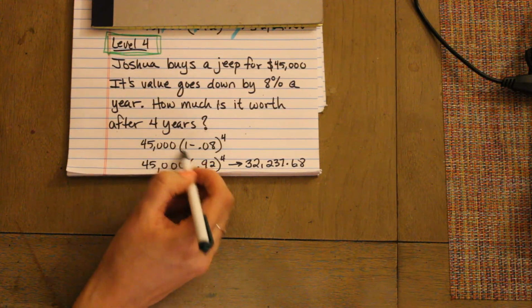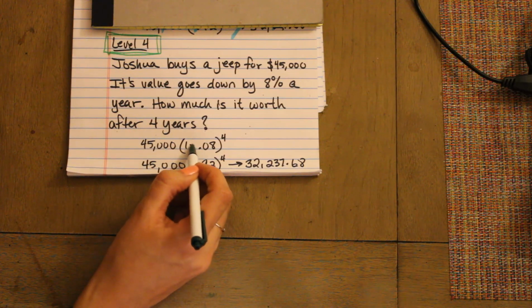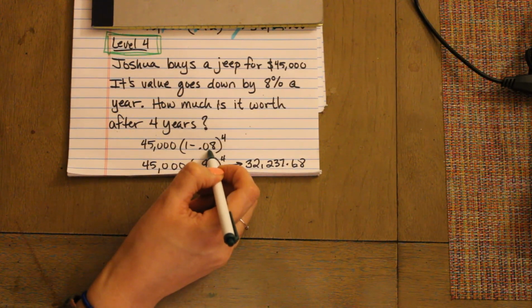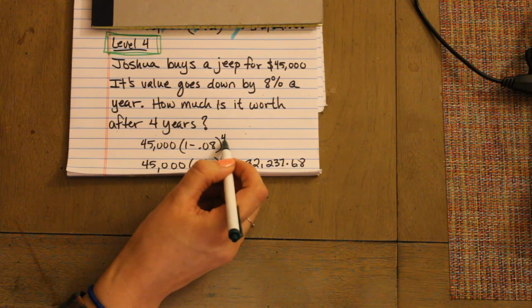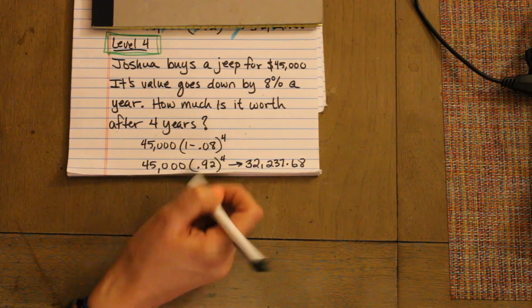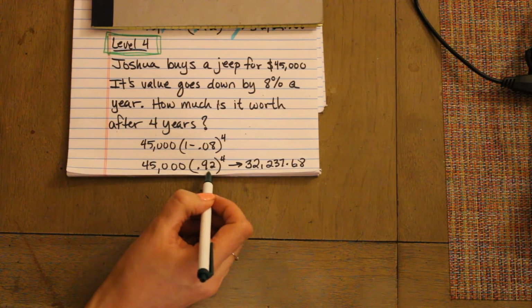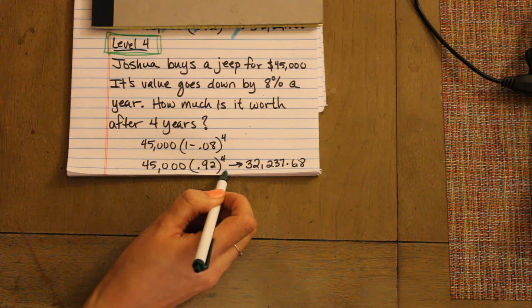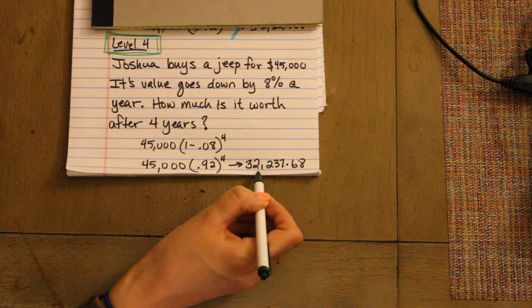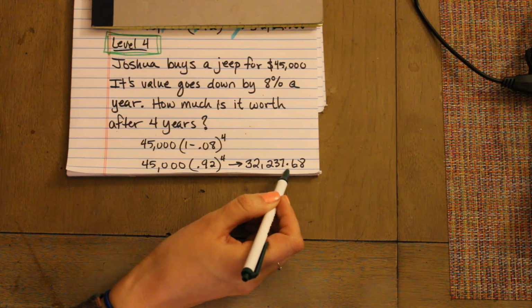$45,000, times 100% of that value, minus 8% for every year, right? So we're talking about 4 years, and it's going down by that percentage. So 1 minus 0.08 is going to be 0.92. So if you put this equation in your calculator, you should end up with 32,237.68.